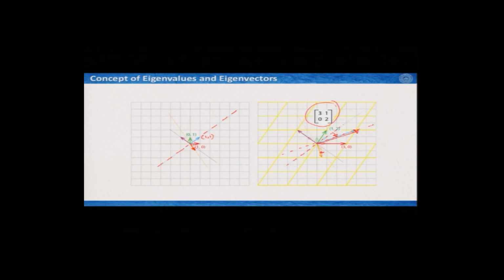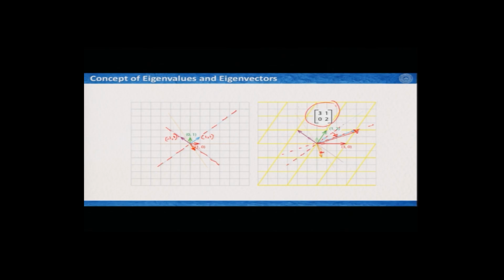If we consider the opposite vector of 1 1, that means along the x direction it is -1 and along the y direction it is +1, another vector, this purple one, and this is the span of this purple vector.